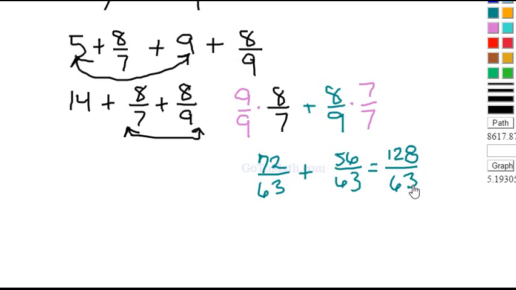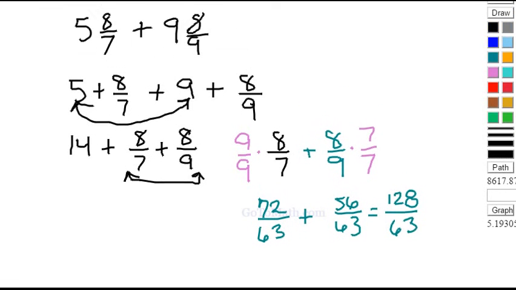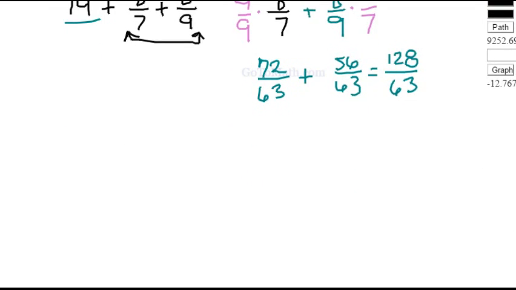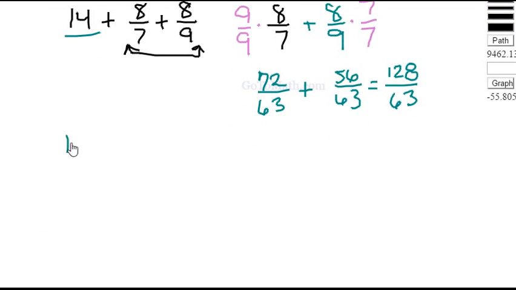Anyway, so we have 128 over 63, and where were we at over here? 14. Right, 14. And so now we've got 14 plus 128 over 63, and of course remember this is written with a 1 right here, so we're going to get a common denominator.